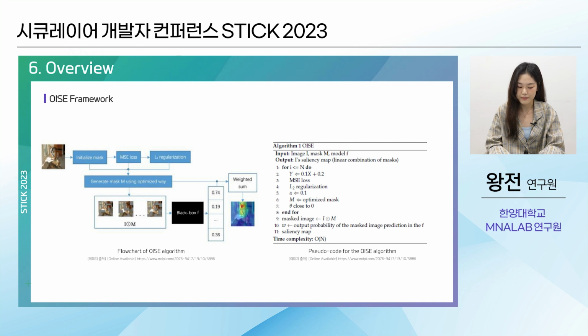So F is a black box model that produces a scalar confidence score for a given input Y. The final salience map is a linear combination of masks where the weights are derived from the scores of the target classes corresponding to the respective mask inputs. And finally, we can obtain the salience map by summing the weighted masks.